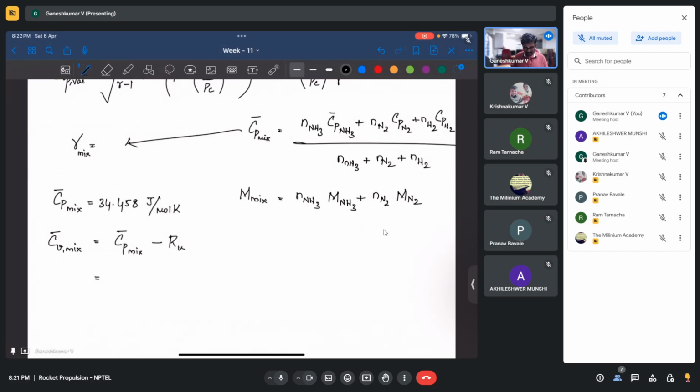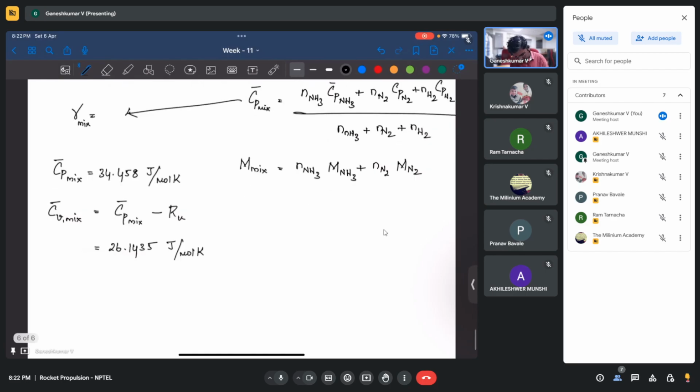How much is 34.458 minus 8.3145? Cv is 26.1435, I guess, joules per mole Kelvin. And if you do that, how much is gamma you are getting? Cp by Cv, 34.458 by 26.1435.